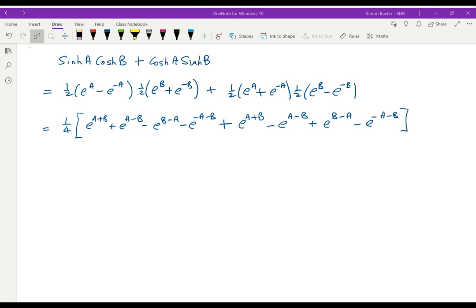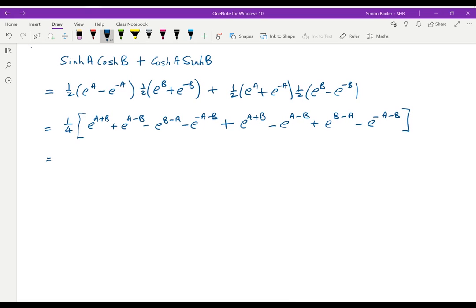Now we have a quarter outside the bracket, and inside the bracket we've got e to the a plus b plus e to the a plus b, that's 2e to the a plus b, e to the a minus b minus e to the a minus b, that disappears, minus e to the b minus a plus e to the b minus a, that disappears, minus e to the minus a minus b, minus e to the minus a minus b is minus 2e to the minus a minus b, which I can write as minus of a plus b.